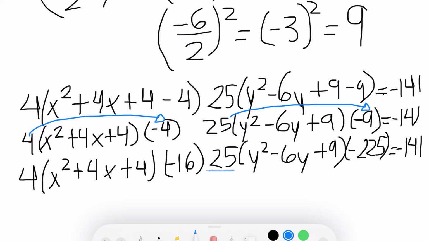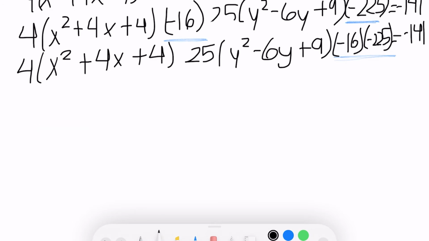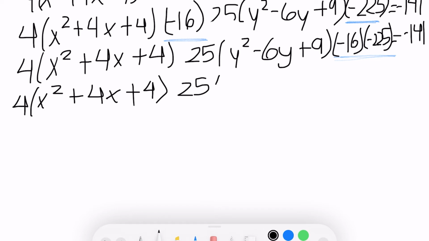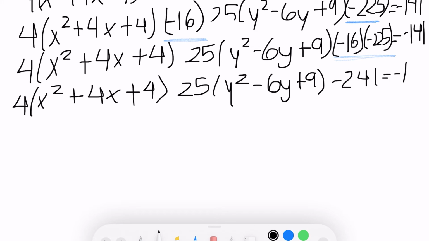Then we're going to add negative 16 plus negative 225. In adding them, I got negative 241. And then remember to put the equal negative 141.